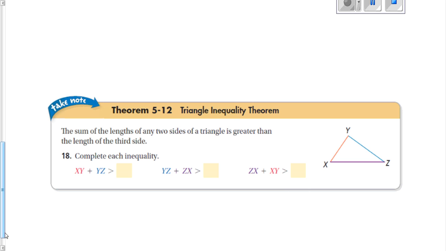So looking at this, I have xy, which is in red, I have xz in purple, and yz in blue. So what we're saying is if you were to add 2 of the sides, so let's take a look first, xy plus yz. When I add the values together, they have to be bigger than the third side, which is xz. That's the only one not named.